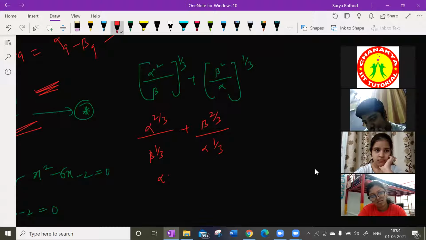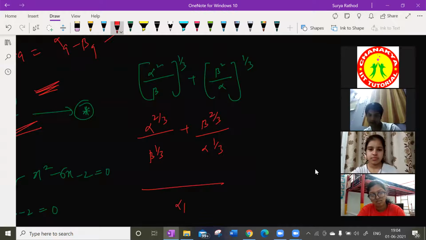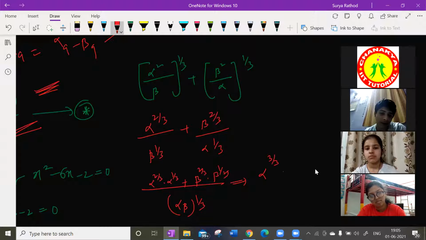So what is the LCM now? The LCM is alpha beta whole to the power of 1 by 3. So here alpha to the power of 2 by 3 into alpha to the power of 1 by 3 plus beta to the power of 2 by 3 into beta to the power of 1 by 3. How can I write? Alpha to the power of 3 by 3, plus beta to the power of 3 by 3.